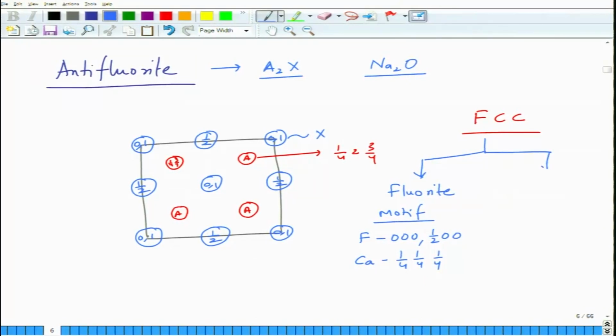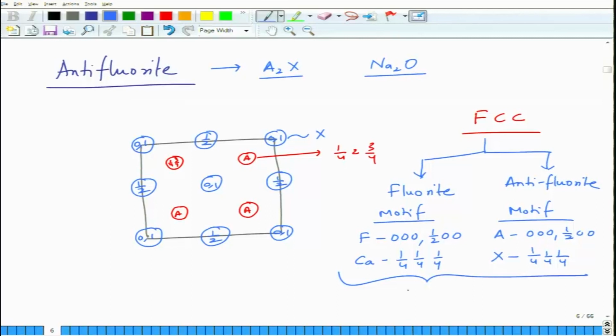In this case, motif will be A at 0 0 0 and half 0 0, and X will go to. So, basically it is a network of 3 interpenetrating FCC lattices.